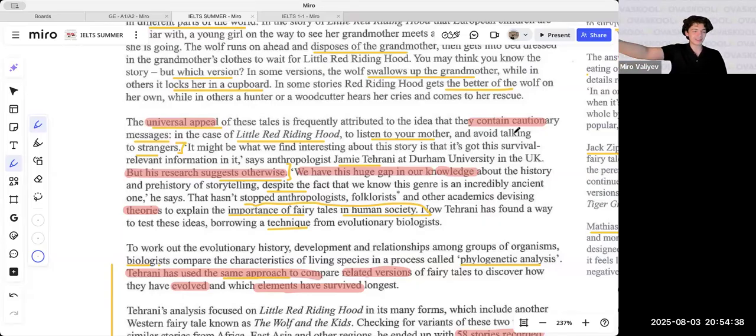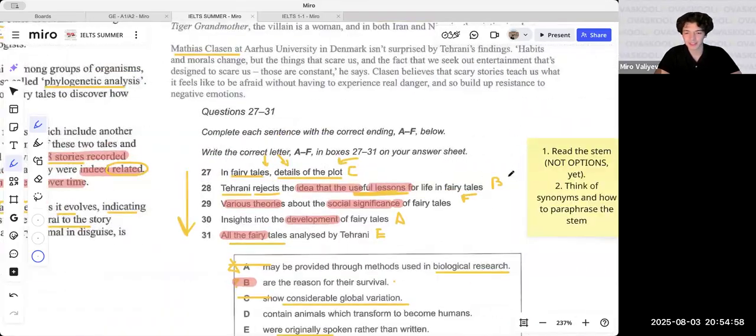Why stories are still here, why fairy tales are still here. But he said that no, the cautionary message of the stories doesn't really matter. So it's not the reason why they survive. That's why it is 100% B. Tehrani rejects the idea that the useful lessons for life in fairy tales are the reason for their survival.